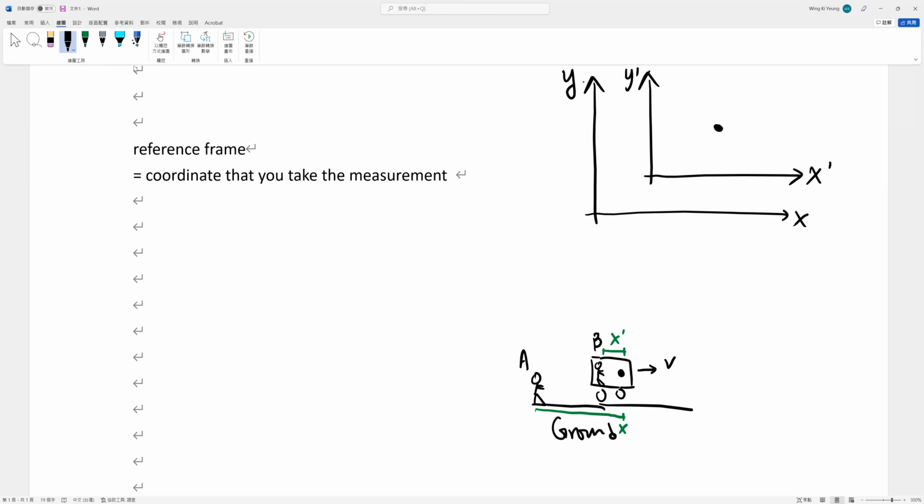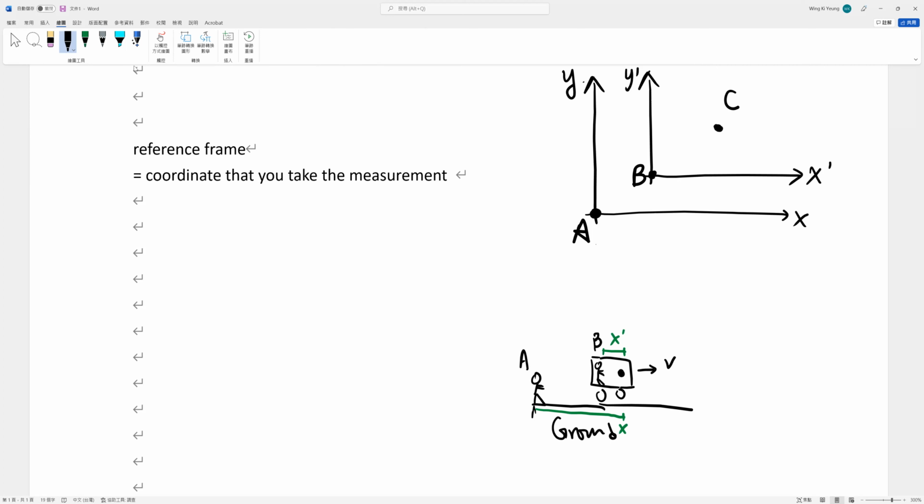Let this point be A and this point be B. A is the observer, man A. When he measures the distance, the x prime is the horizontal distance from man B. In the drawing, this is x and this is x prime. Let's say this ball is object C.